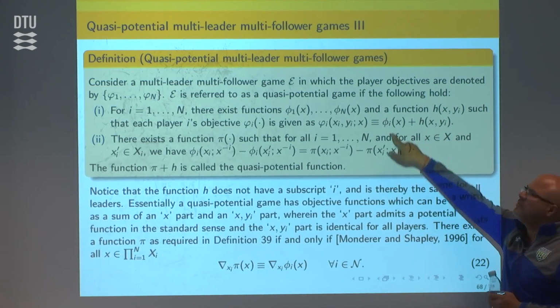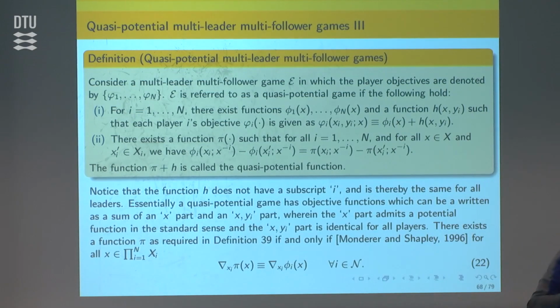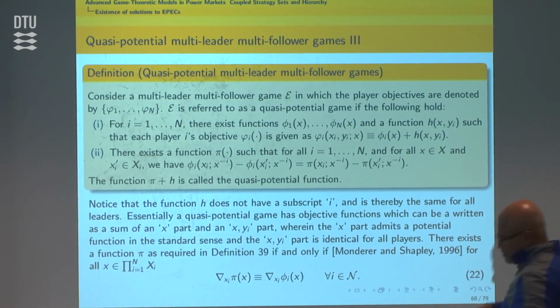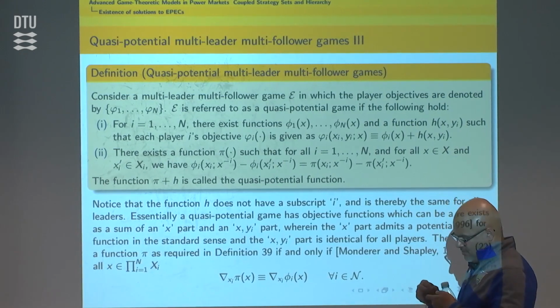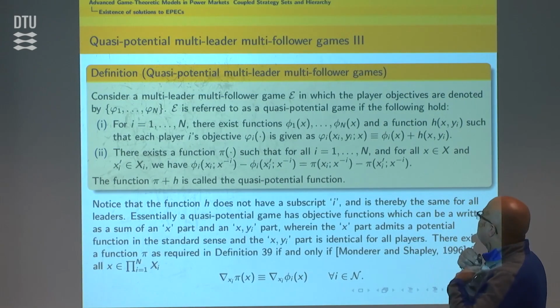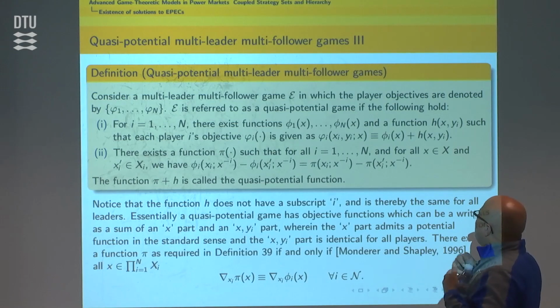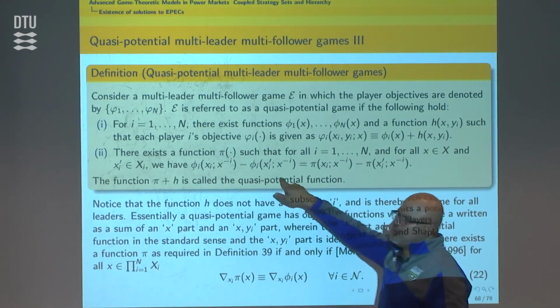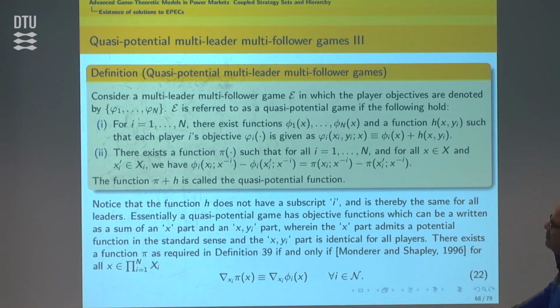And this is a leader level function. So imagine you play Cournot in period 1 in leader level decisions. Then this is the potential function that corresponds to the leader level decisions.